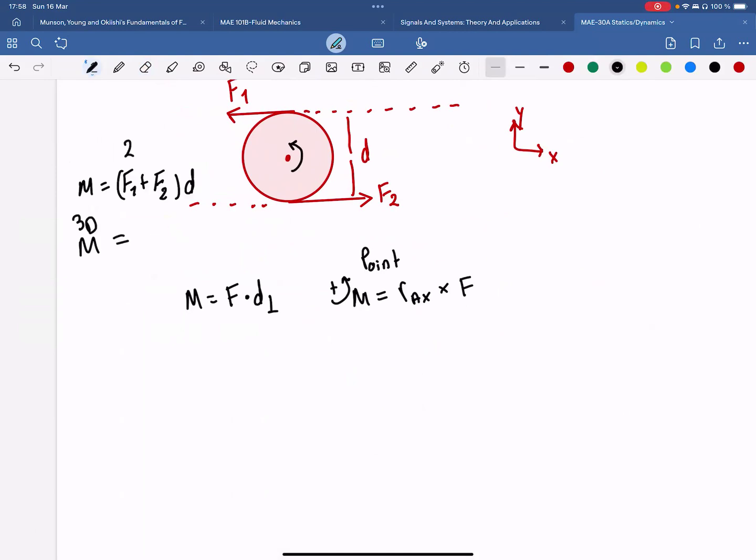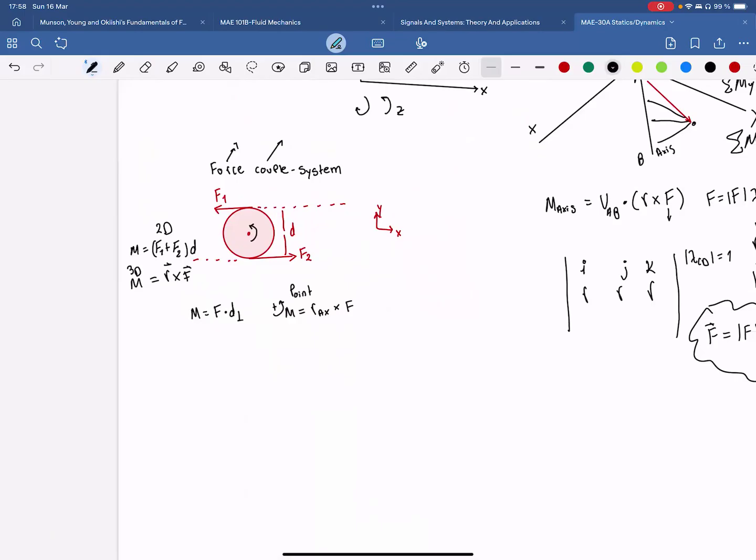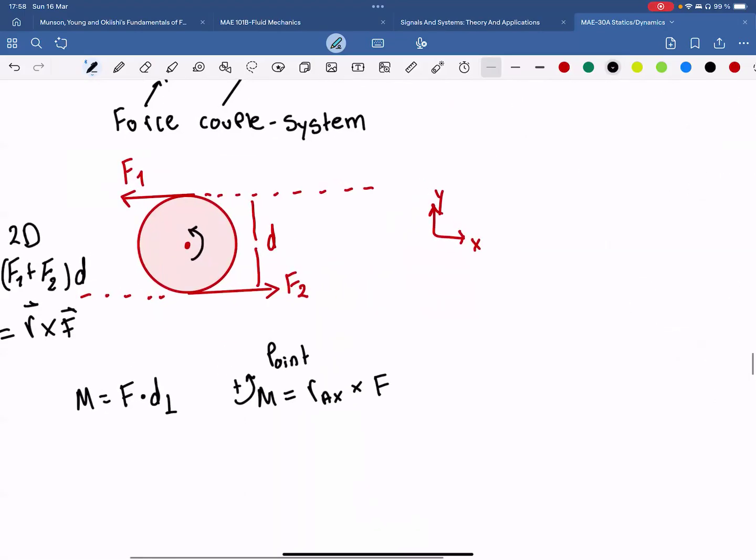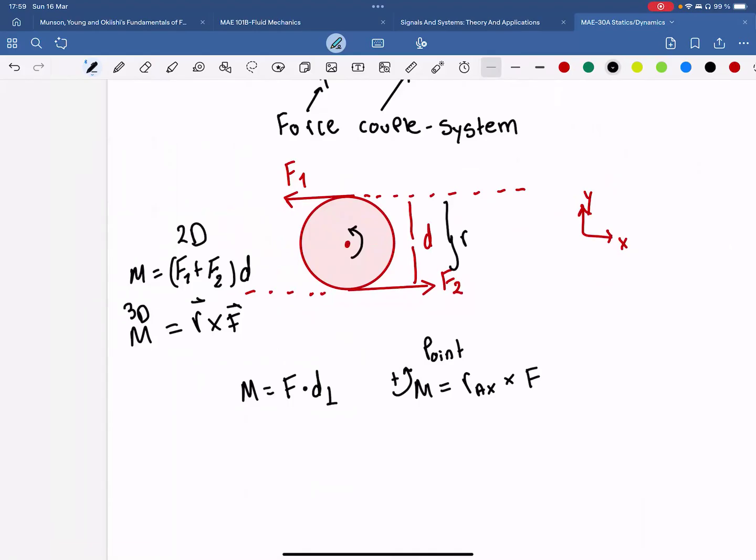This is 2D, this is 3D, and it is R cross F, where F is the force vector at the tip of R. So R is this distance in this case, and F is the force, right? So that's our couple system.